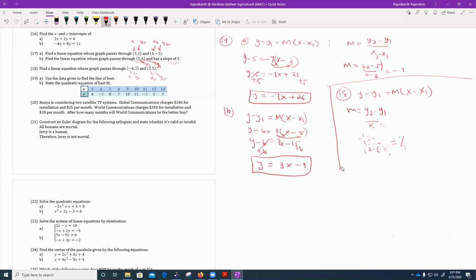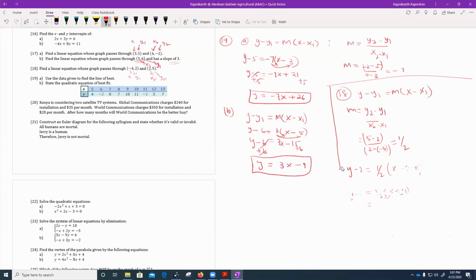It is my slope. Therefore, the formula is y minus y1, which is 2, equals slope half times x minus my x1, which is negative 4. So that is half, and minus into minus is plus.